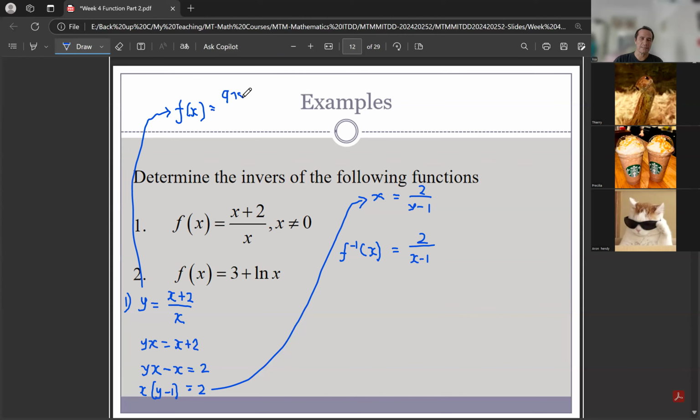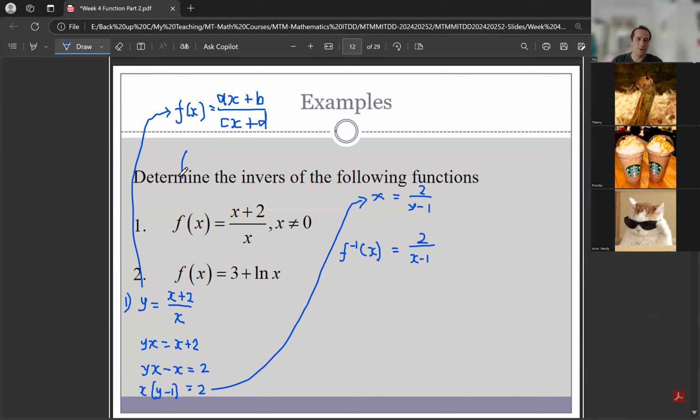ax plus b divided by cx plus d. Yeah, a, b, c, d are constants.